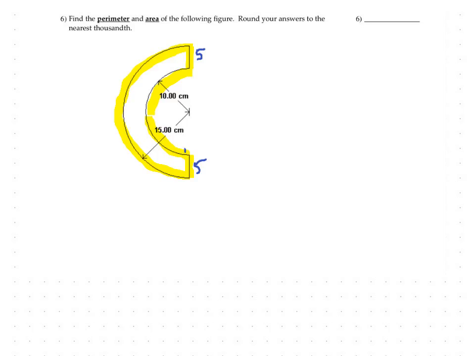Therefore, the circumference of the large circle is going to be pi times double 15, 30. But of course, you then have to divide it by 2, because you're only dealing with a semicircle. So pi times 30 divided by 2 gives you 47.123889.